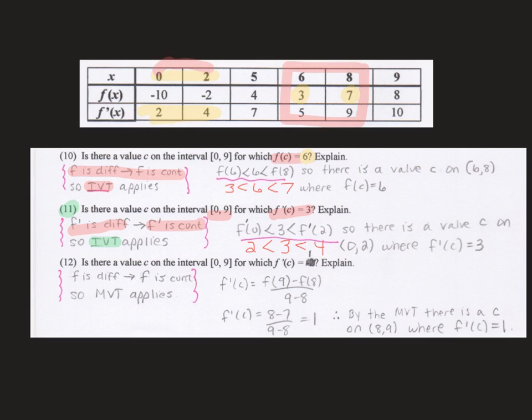So what that tells me is I'm going to have to use something other than IVT, and that's where MVT comes in. So what I do for MVT is I look in this f row, and I see if I can find an average rate of change that equals 1. And then by MVT, I'd be guaranteed an instantaneous rate of change that also equaled 1.